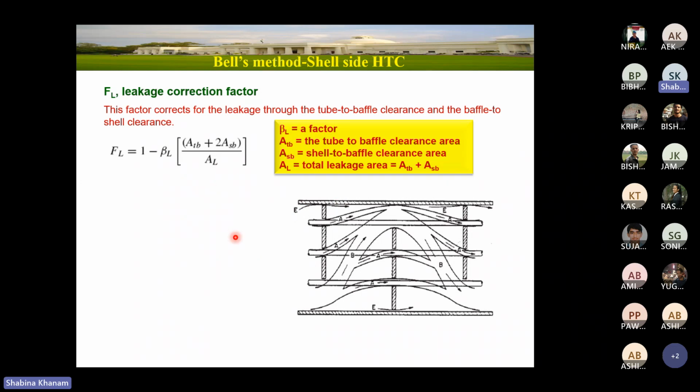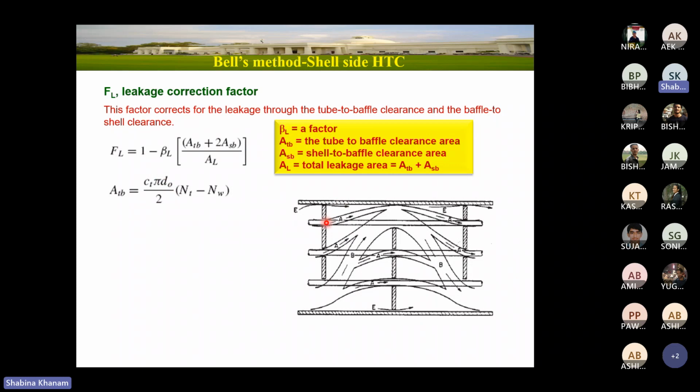Now if I consider this, how to find this ATB? This is nothing but the gap between hole in baffle and tube OD. So this is basically ATB, and it is calculated like CT into pi d naught.